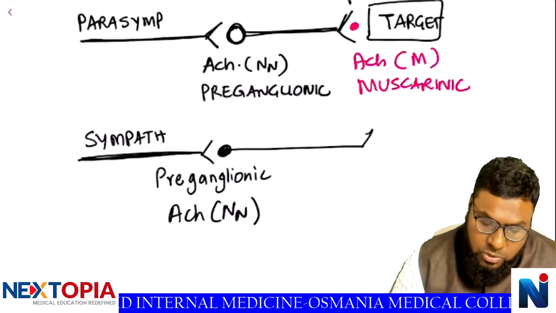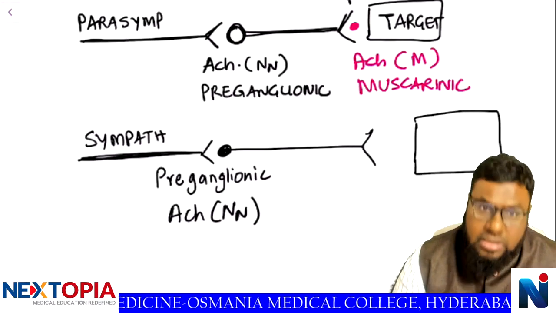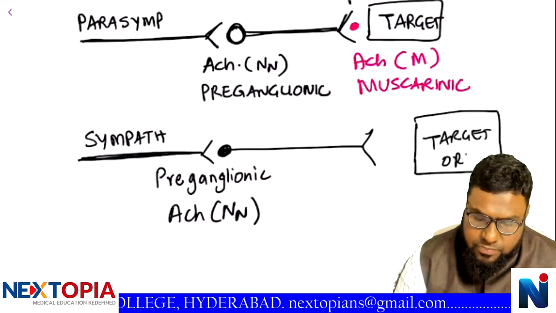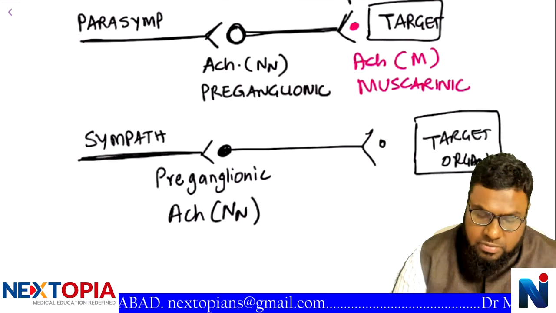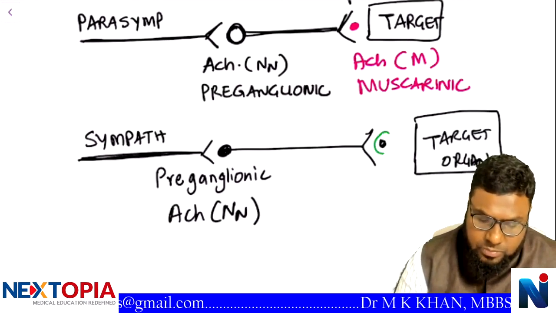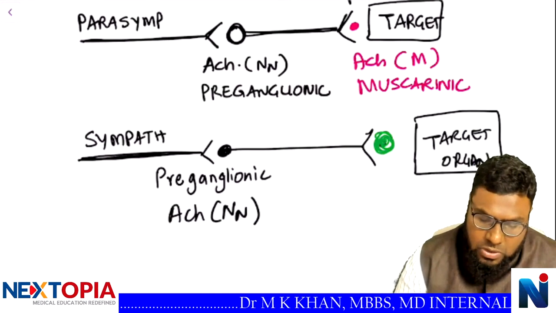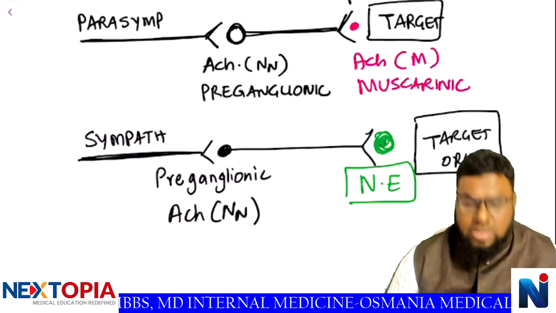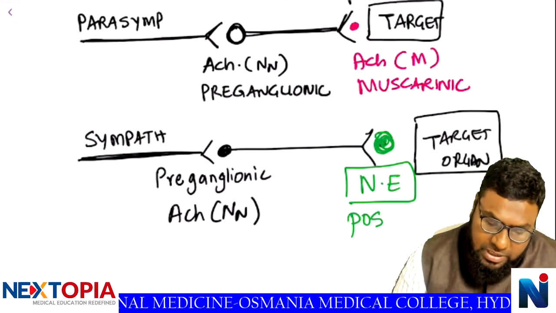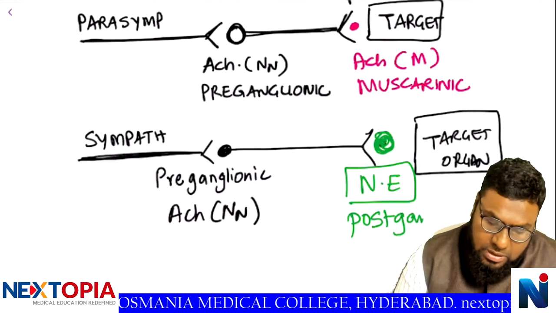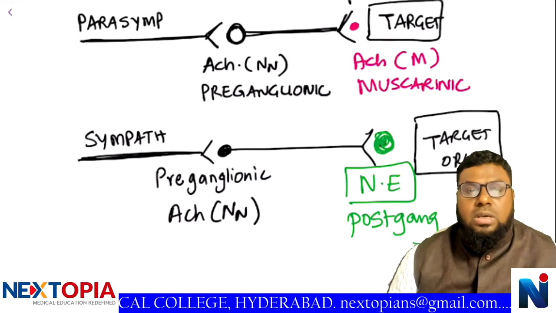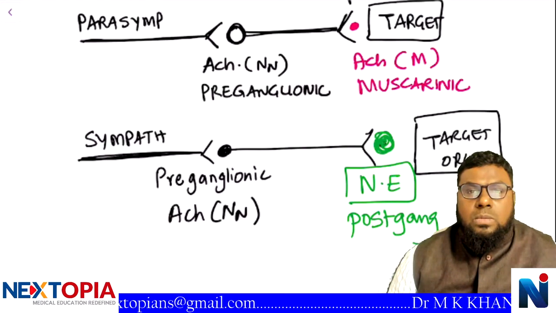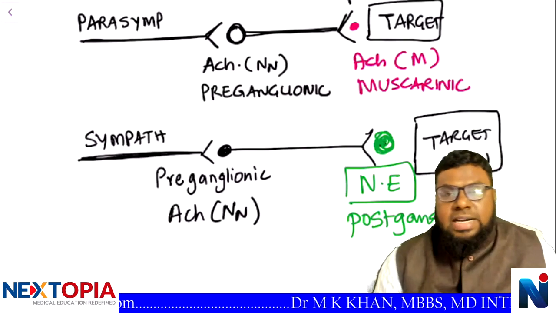Whereas the postganglionic action on the target organ is via norepinephrine. So postganglionic norepinephrine, preganglionic acetylcholine. This point you will have to understand, right?